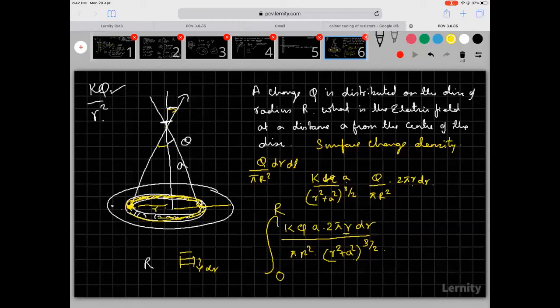So let me simplify this a little bit and then again do this. So pi will get cancelled.